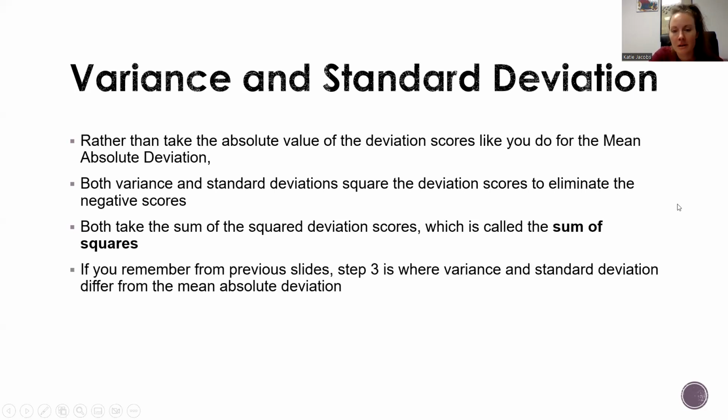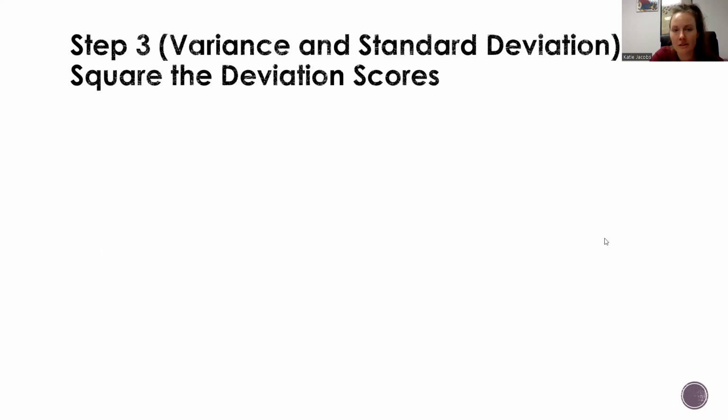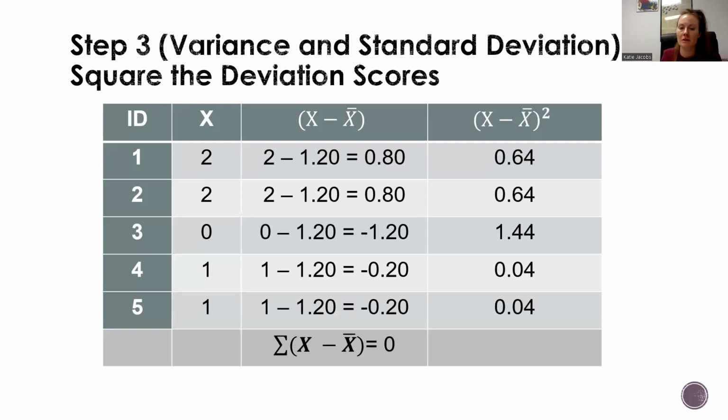If we remember, this is where variance and standard deviation are going to differ from mean absolute deviation. So step 3, again, for variance and standard deviation, you're going to square those deviation scores. That's what we're already working on. And when you go through and do it, those are going to be your answers, so make sure you check your answers real quick. Now, the tricky thing is, if we wanted to find the average of those squared deviation scores, what would we have to do?